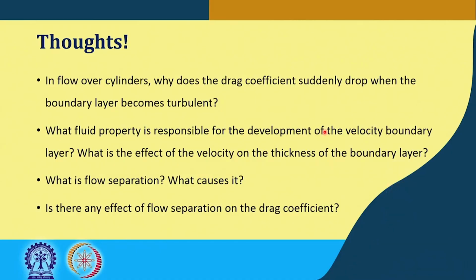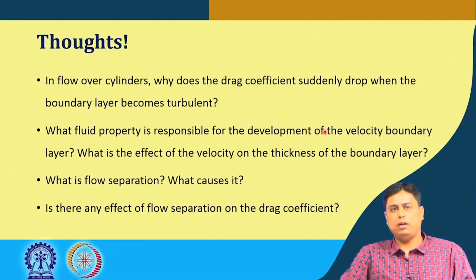Which fluid property is responsible for the development of the velocity boundary layer? If you think of the concept of boundary layer and its importance, you can easily answer that. What is the effect of velocity on the thickness of the boundary layer?